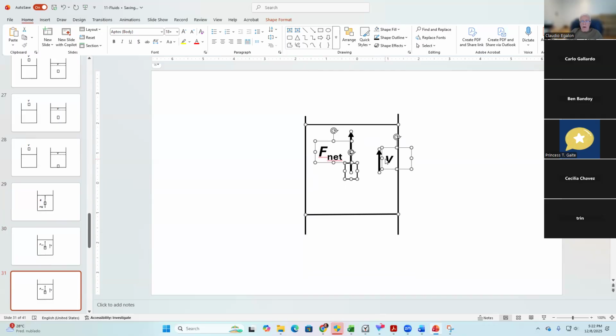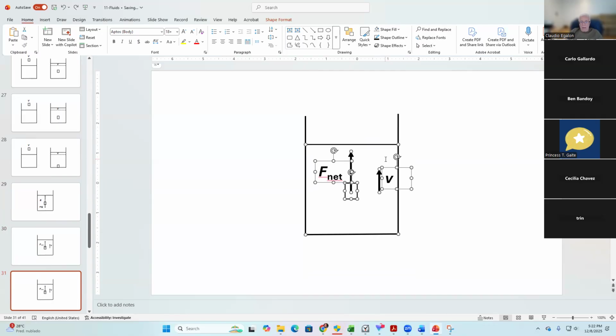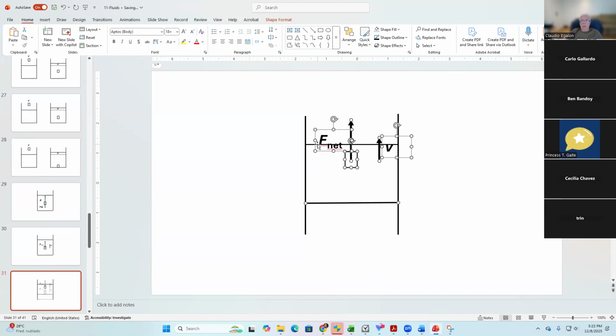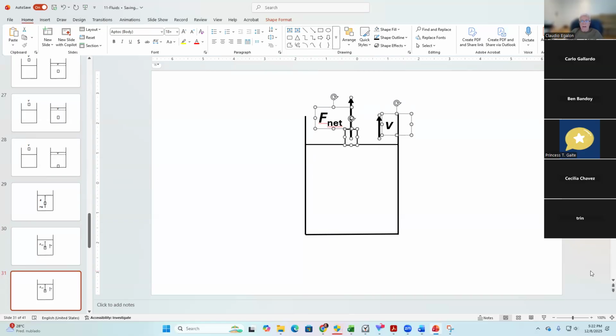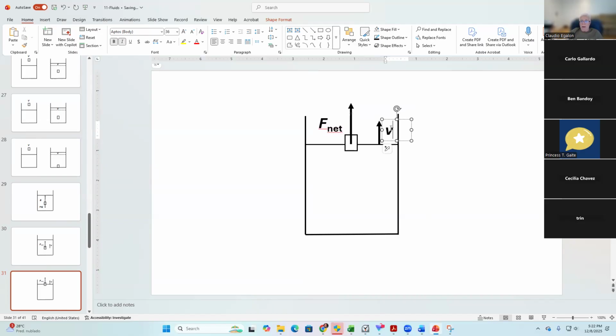Eventually it's going to float here. The final velocity is going to be 0.